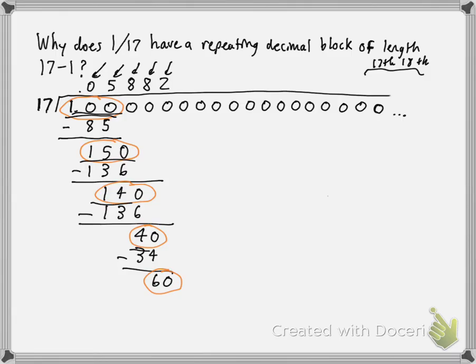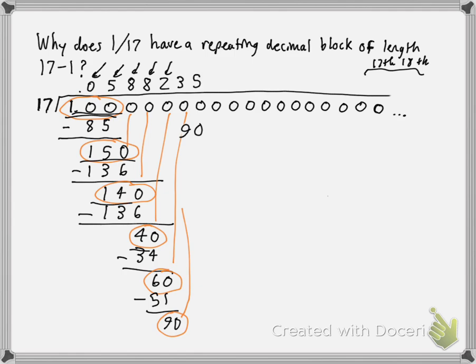Okay, 17 times 3 is 51. 60 minus 51 is 9, carry the 0 to get 90. So again, we got a new one here, the 90. 17 times 5 is 85. 90 minus 85 is going to be 5, and we carry down the 0.